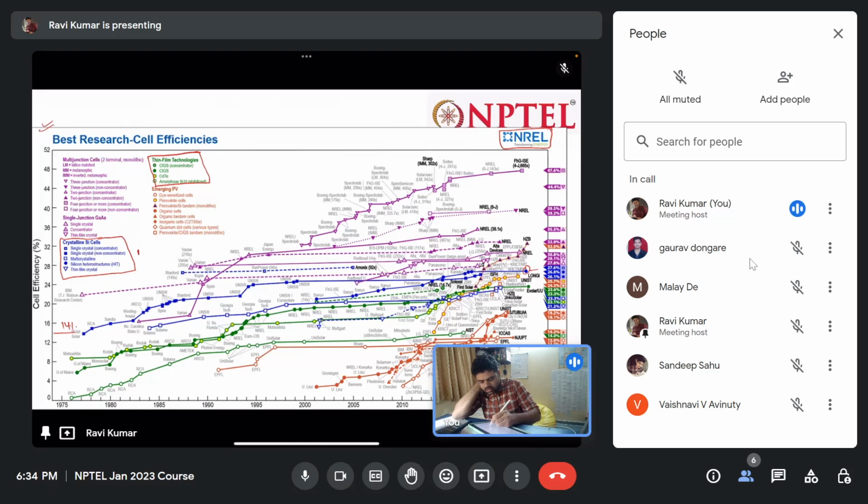It is first generation, second generation, and this red one is third generation. This is based on the junctions.